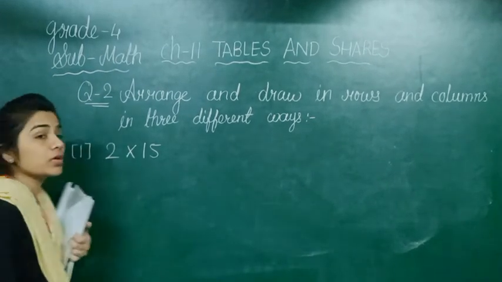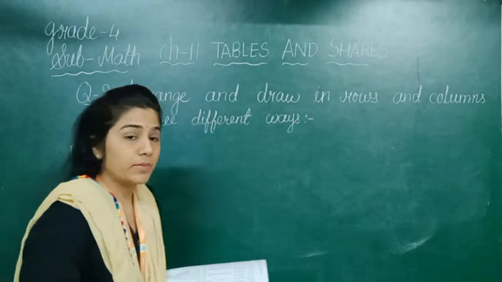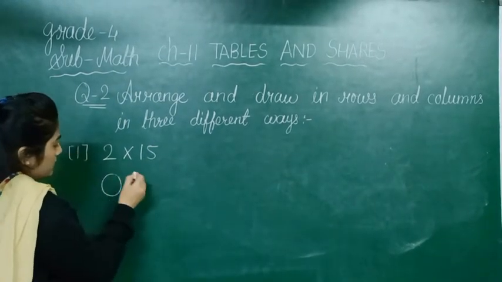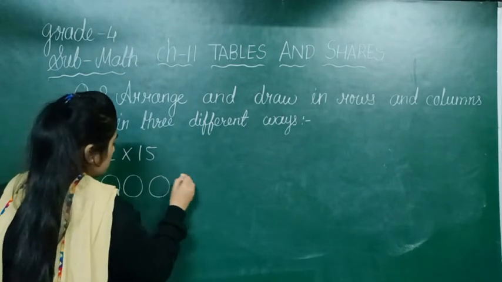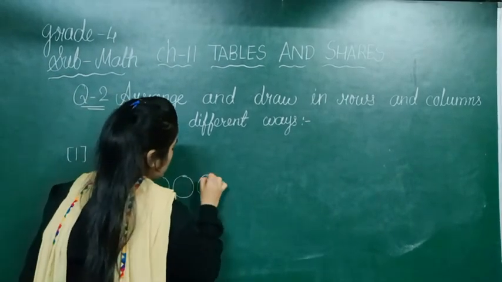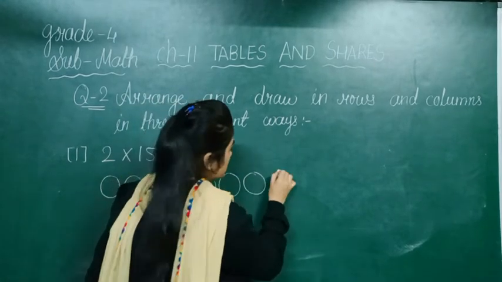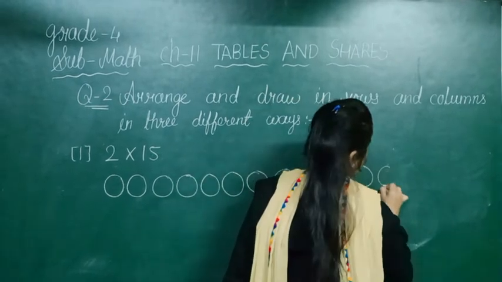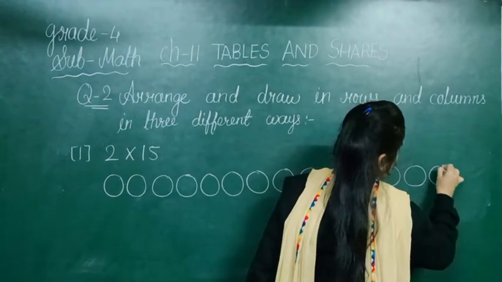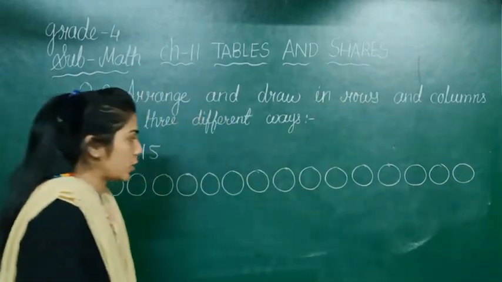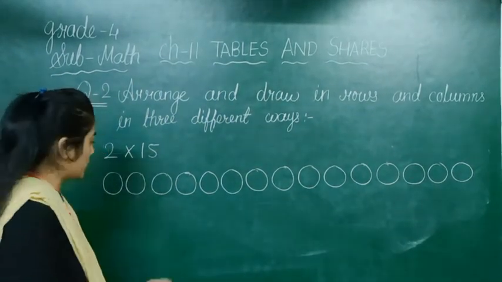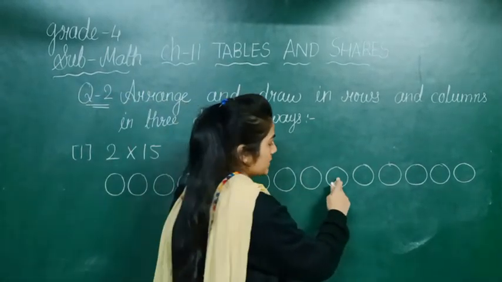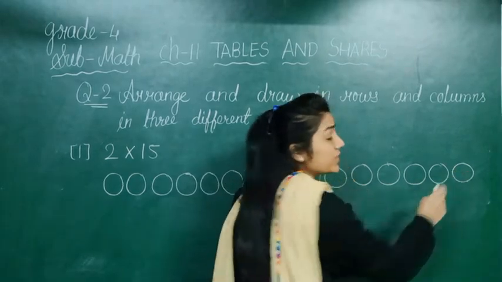In your workbook, the drawing of a jug is given, right? But right now I am drawing circles here. See, I have drawn the circles, but how many circles have I drawn? 1, 2, 3, 4, 5, 6, 7, 8, 9, 10, 11, 12, 13, 14, 15.